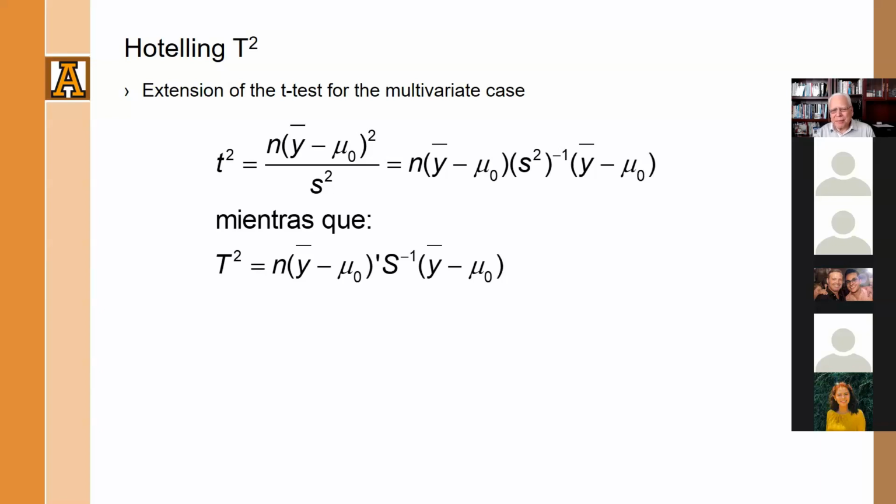It's the same thing here, except the variance is a variance-covariance matrix, so this is n times y bar minus mu null, times S inverse, the inverse of the variance-covariance matrix, times y bar minus mu null. That's the expression for Hotelling's t-square.